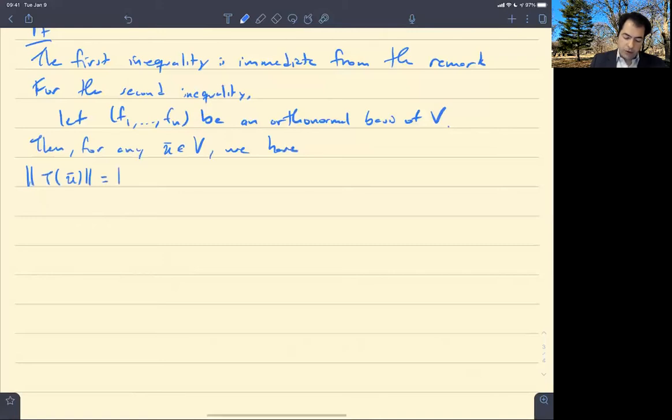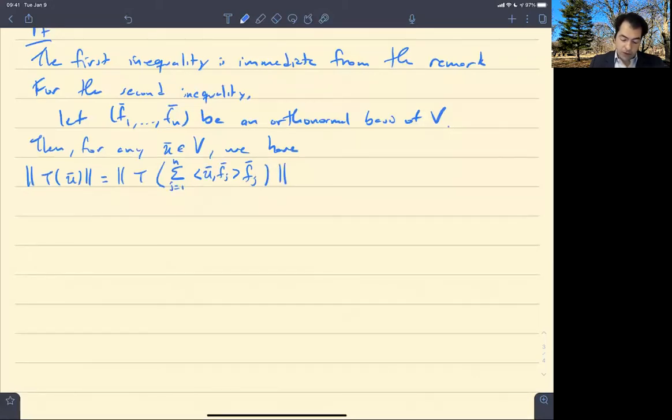Okay, because we have an orthonormal basis, we know exactly how to write U in terms of that basis, right? So it's a basis, so every vector is a linear combination of the elements of the basis, but because it's orthonormal, we also know exactly what the coefficients are, right? It's just the inner product of U with fj. That's the coefficient of fj in this linear combination, right?